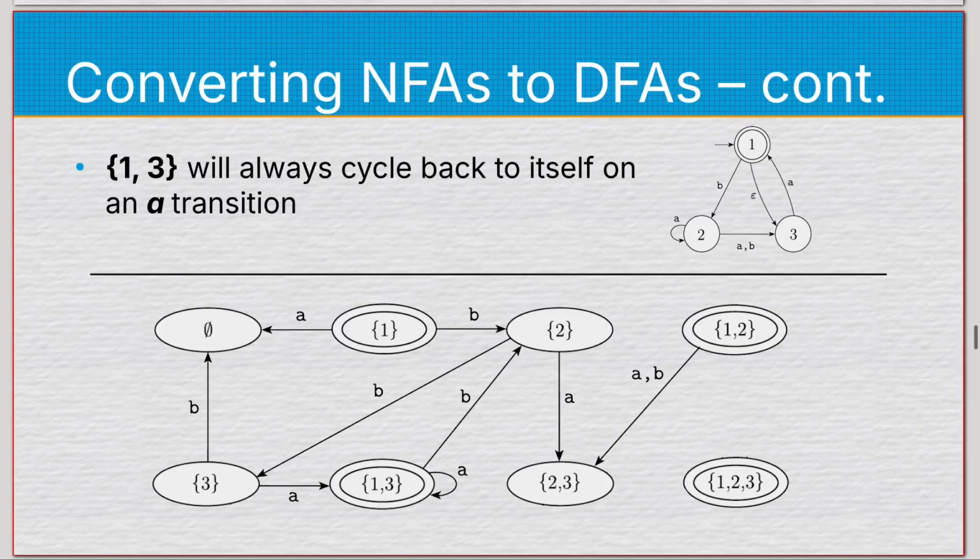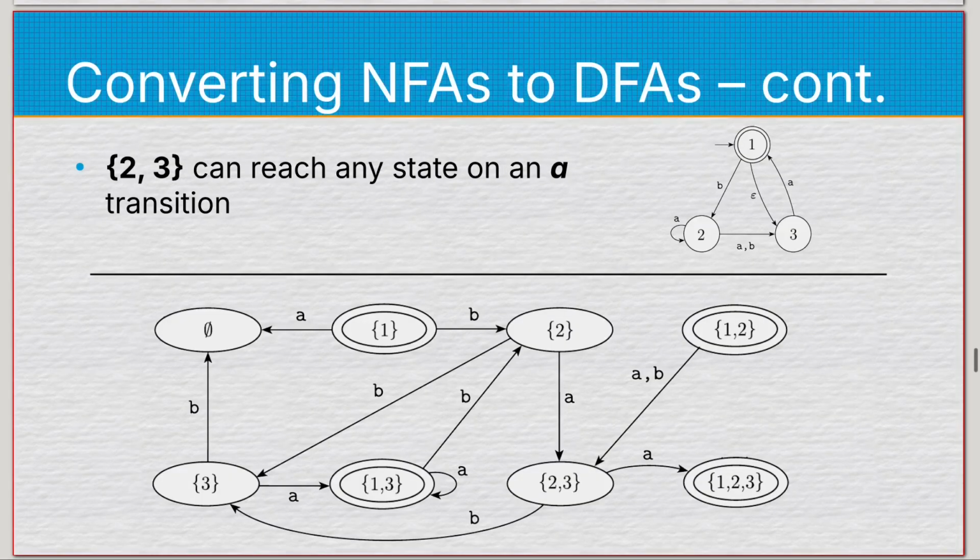Next is going to be 2, 3. So it can reach any state on an A transition. So it is going to be our first occurrence that goes to the triple state over here. 1 on an A input goes nowhere, right?